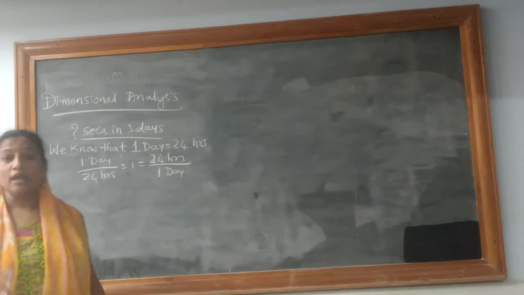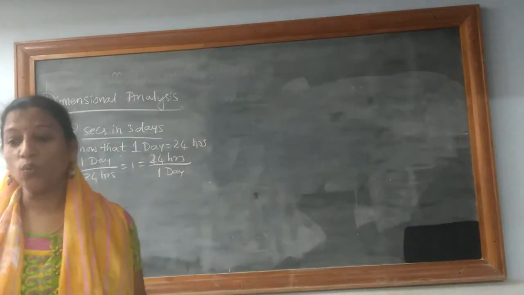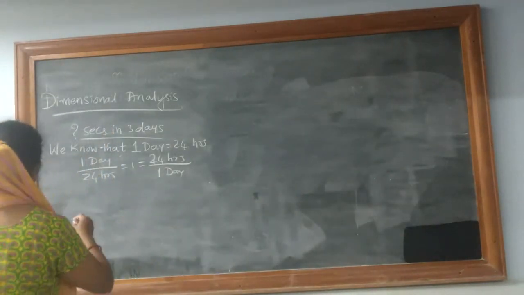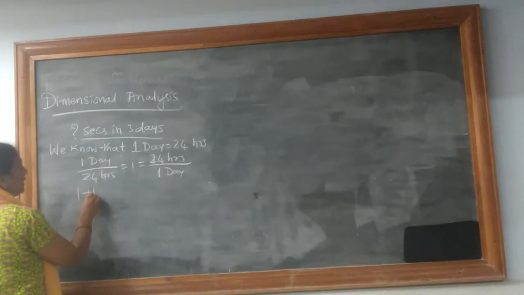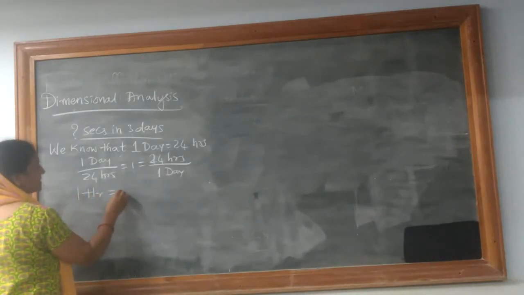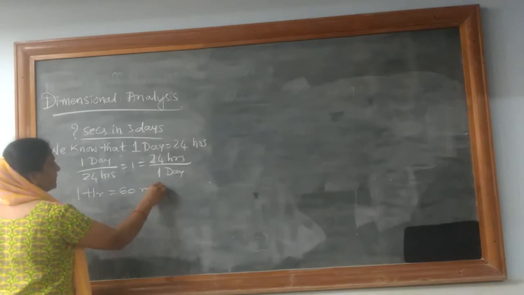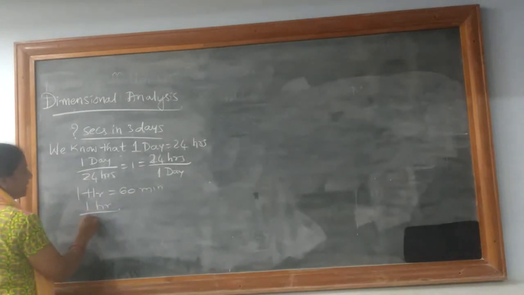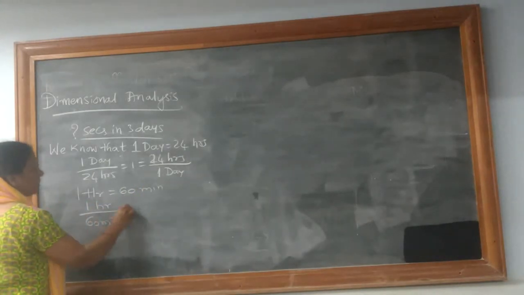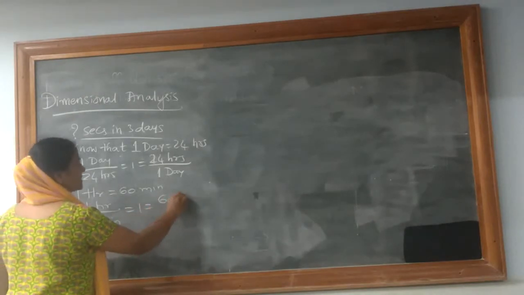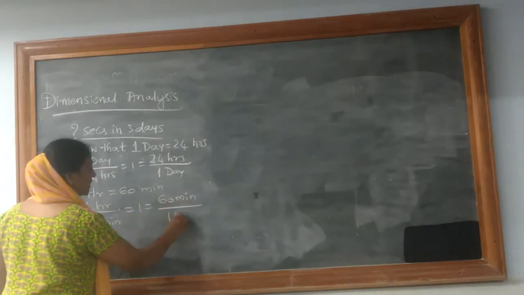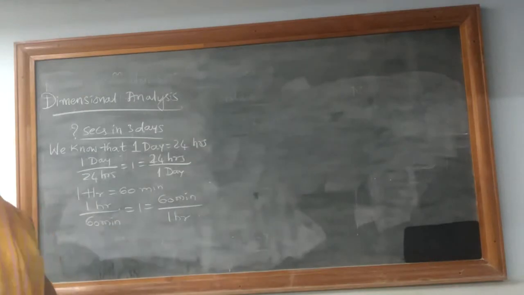right? Now how many minutes are there in 1 hour? Similarly, 1 hour has 60 minutes. 1 hour divided by 60 minutes is equal to 1 is equal to 60 minutes divided by 1 hour, right?